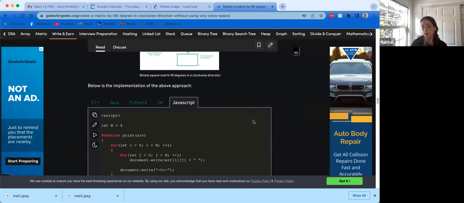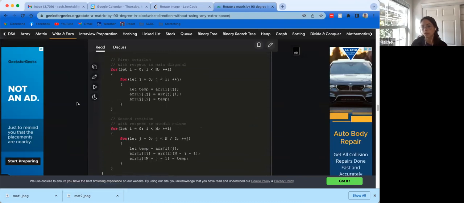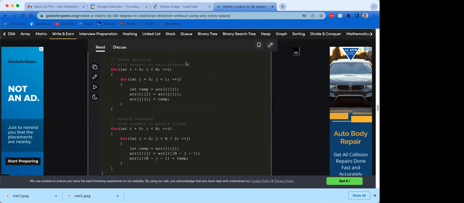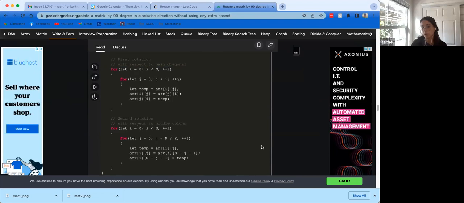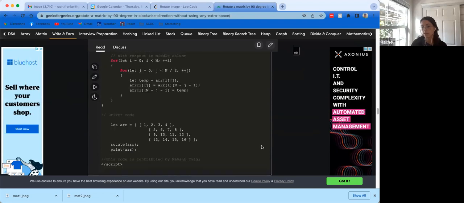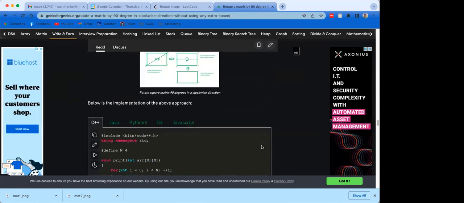If you want to look into other ways, you can look into it here. Yeah, thank you. You're going to flip it over the diagonal and then flip it over the middle column. I still find these a little confusing, but it's all confusing.